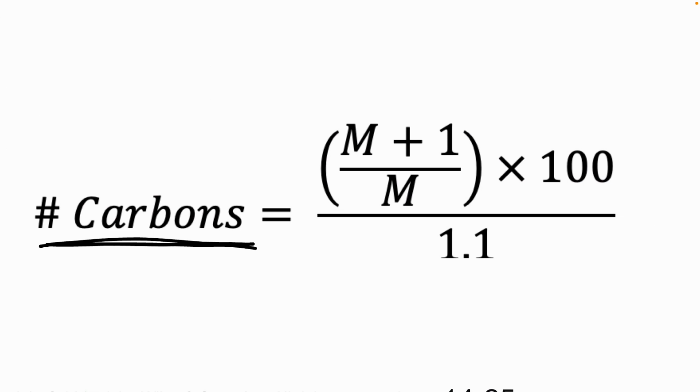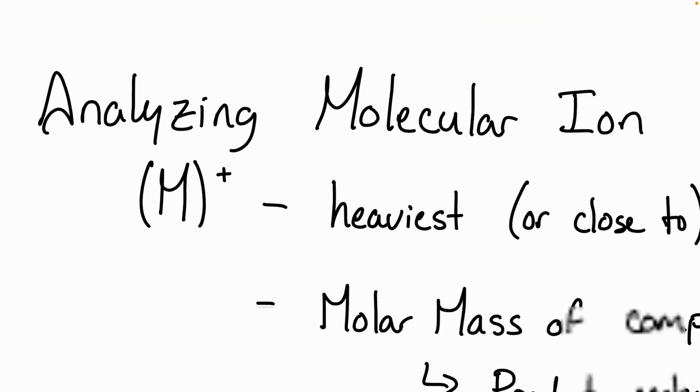So this is a great way. Again, your goal is to try to get your molecular formula. If you know how many atoms you have, that is a fantastic place to start. And so we can predict how many carbon atoms we have by looking at the relative height of these two peaks. This formula here is going to be a really important one as well. Let's make sure we have that in our notes.